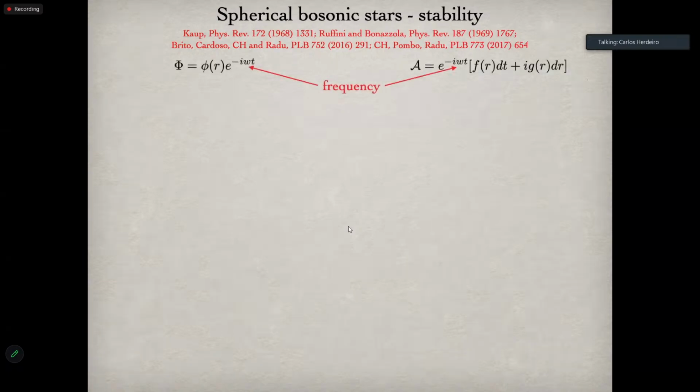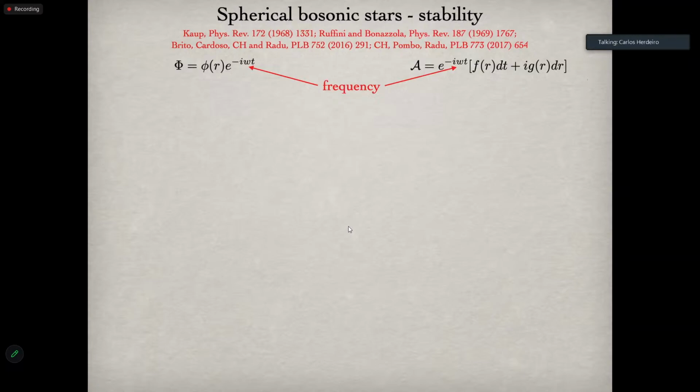Now, when you do the ansatz for either the scalar field, which is a complex field, or the vector field, a complex vector field, you always introduce a kind of an amplitude that has a radial dependence only, but crucially, this has this harmonic time dependence that introduces the frequency small omega.